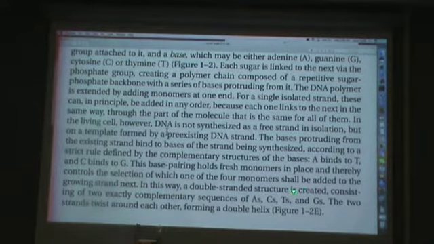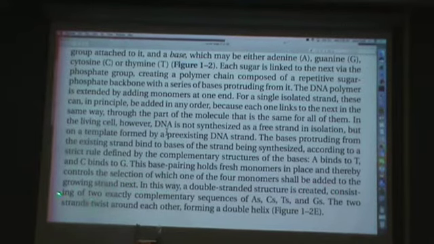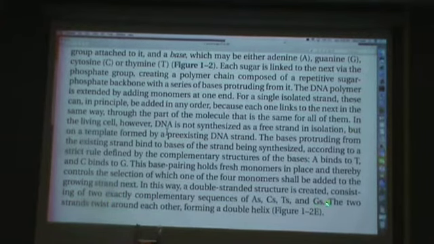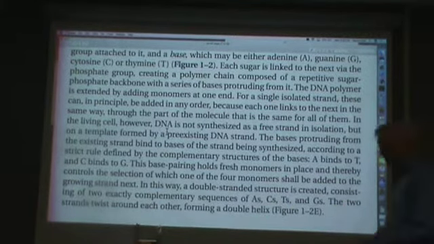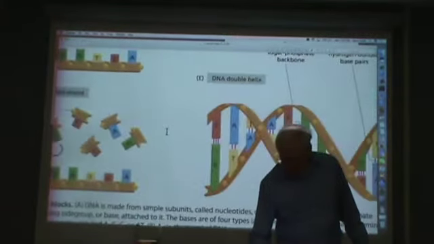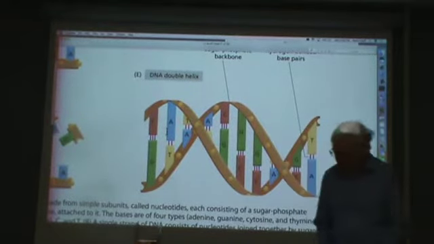In this way, a double-stranded structure is created consisting of 2 exactly complementary sequences of A's, C's, T's, and G's. The 2 strands twist around each other, forming a double helix. So there's the picture of the double helix.